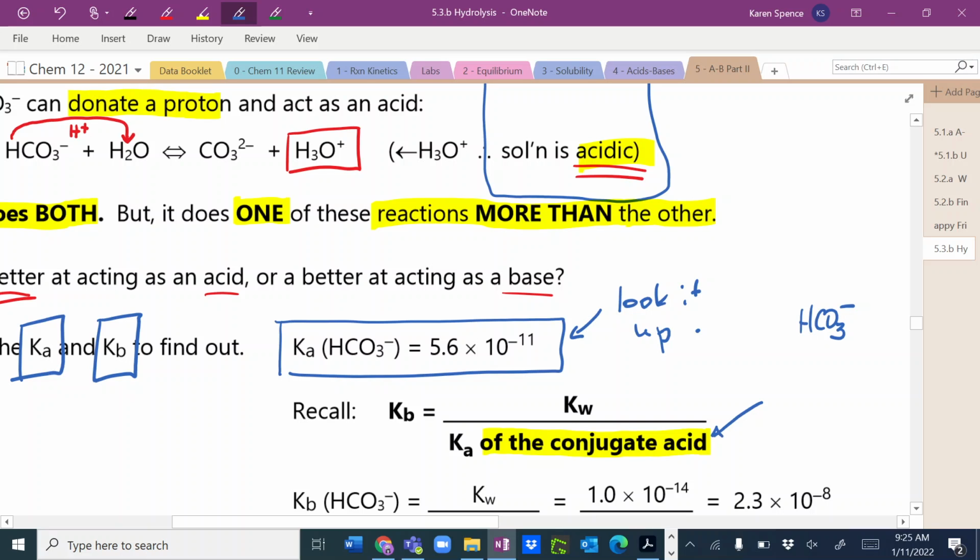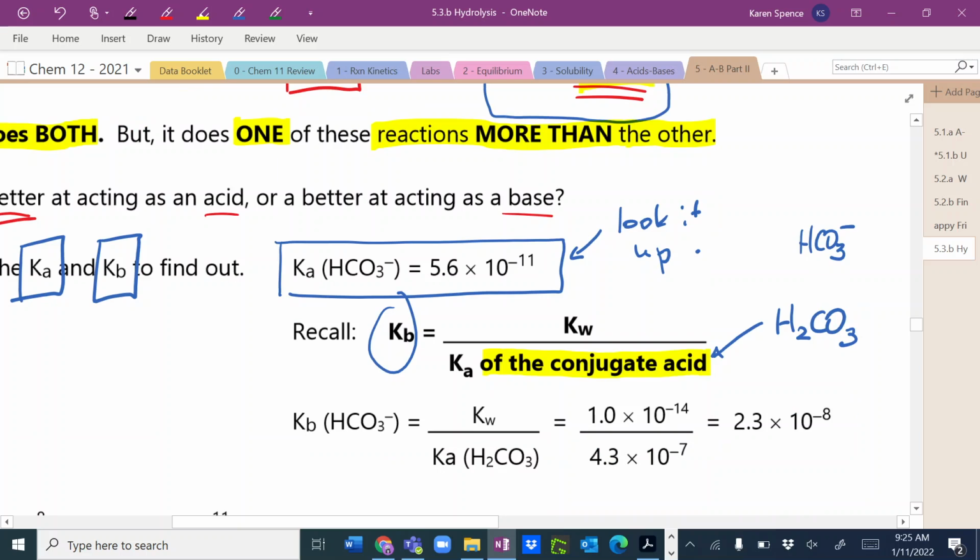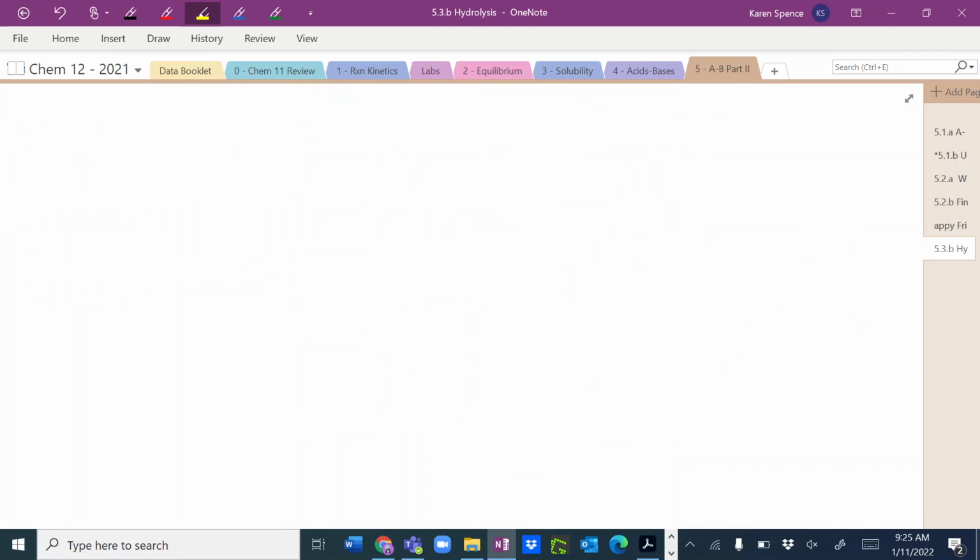Conjugate acid is H2CO3. Add an H and add a plus, you end up with two H's and a neutral molecule. So to calculate our Kb, we are going to take Kw, 1.0 times 10 to the negative 14, and we're going to go look up Ka for H2CO3.